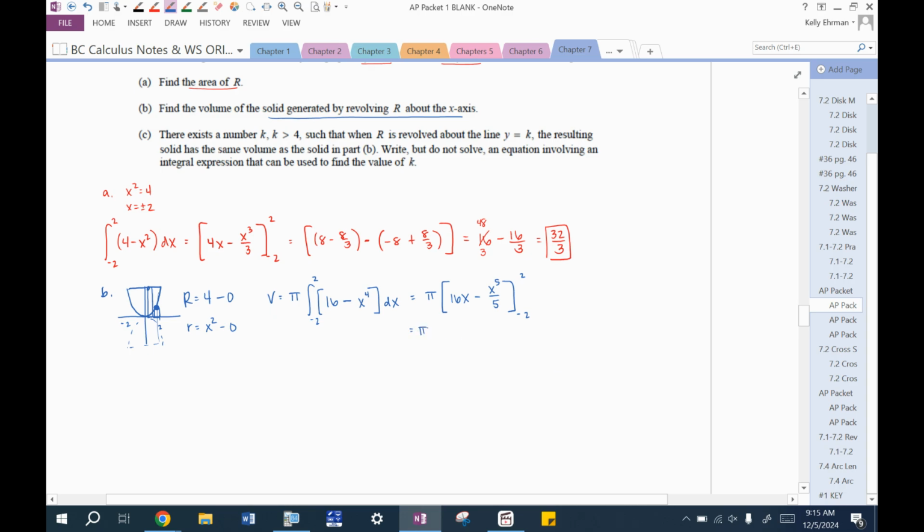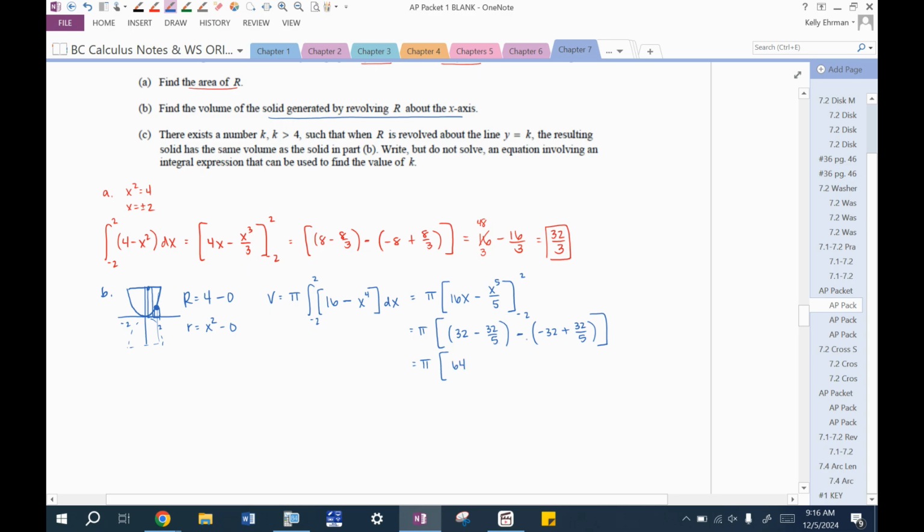And that is pi times, so when you plug in 2, you get 32 minus 32 over 5, minus, when you plug in negative 2, you get negative 32 plus 32 over 5. 32 plus 32 is 64.